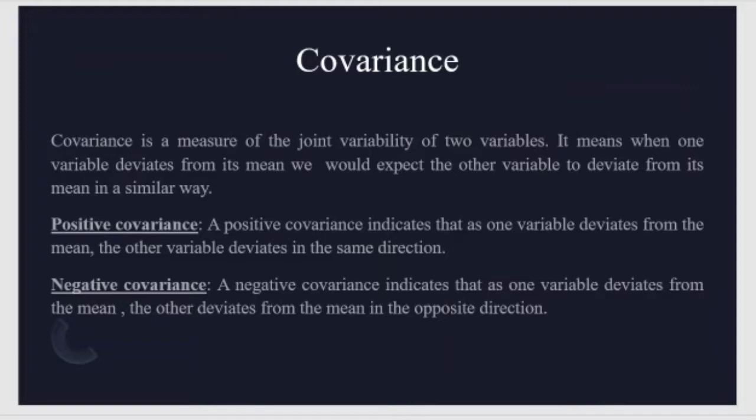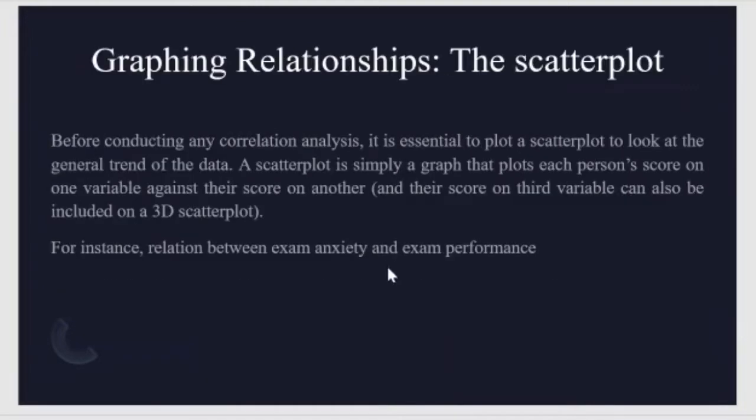Yes. So now we'll discuss how we can use a scatter plot to express the relationship between two variables. Scatter plot I discussed in the last class. It is a graph which shows the relationship between two variables. And if we use a 3D scatter plot, we can explain the relationship between three variables. So I will show you how to draw a scatter plot as well as a 3D scatter plot.